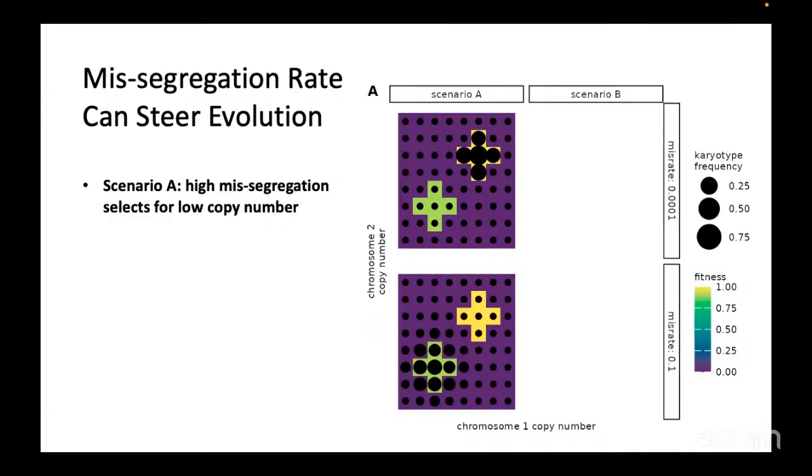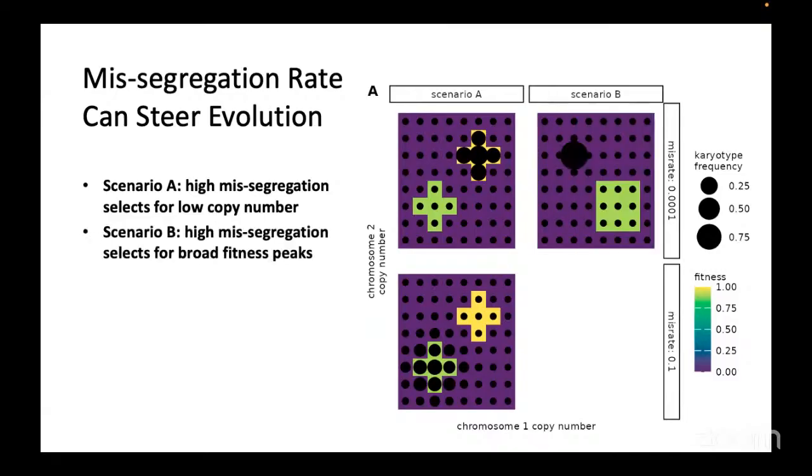So you can see here, increasing the missegregation rate drives the population down to this lower fitness, lower copy number fitness peak. And in the second example, scenario B, we have this narrow fitness peak, which is actually higher. So all the population reside there at a low missegregation rate.